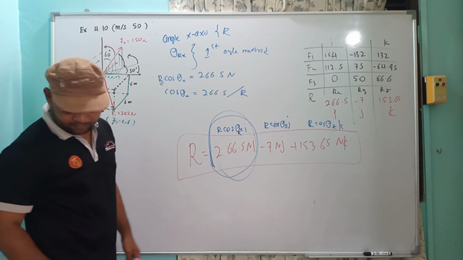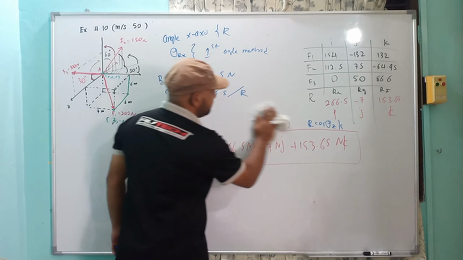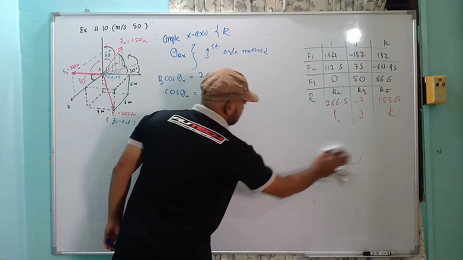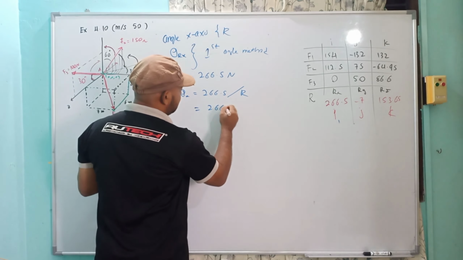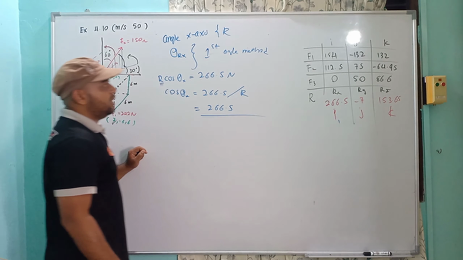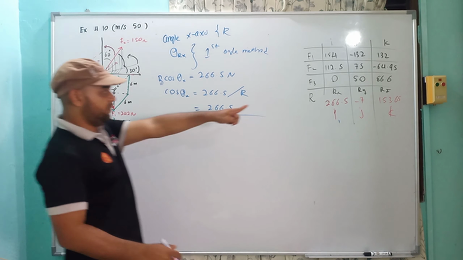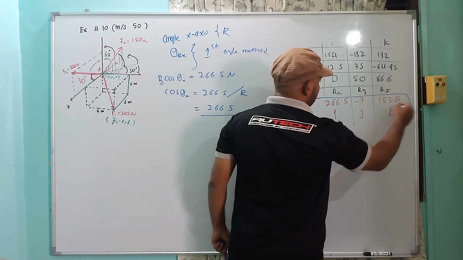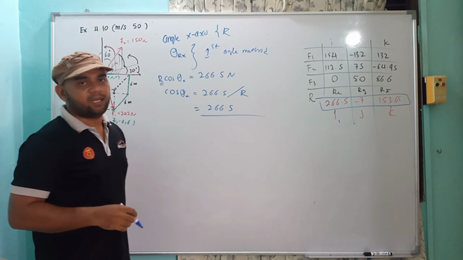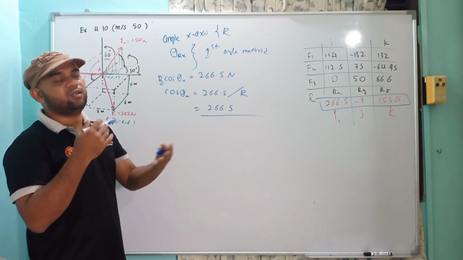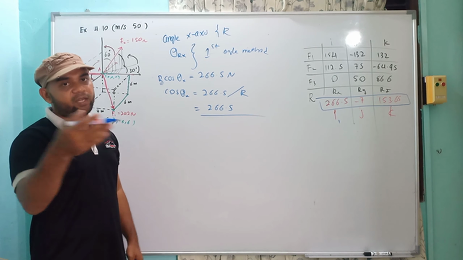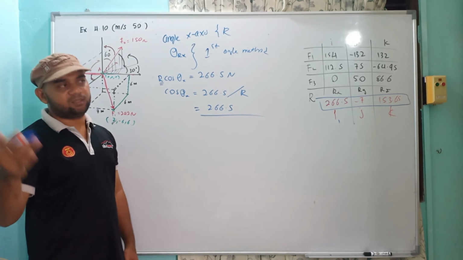So what is R? Same as D, where we have dx, dy, dz, the d is the square root of dx squared plus dy squared plus dz squared.